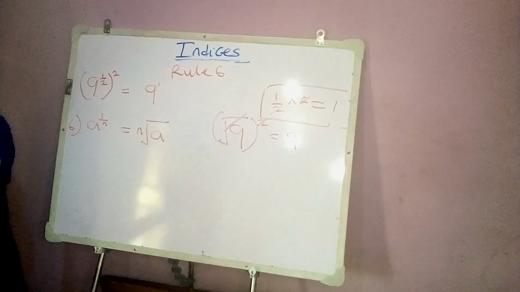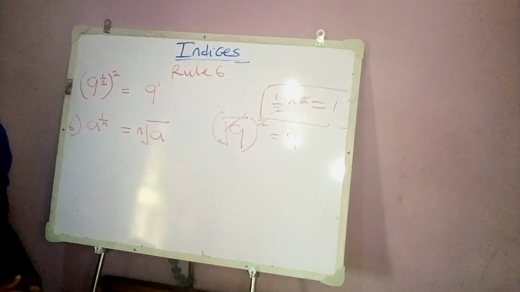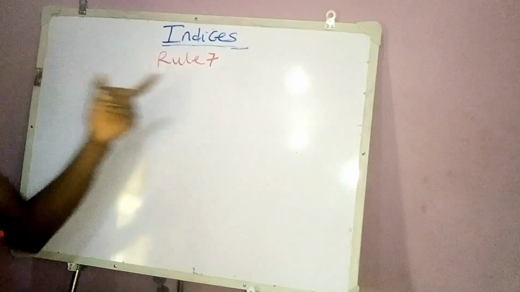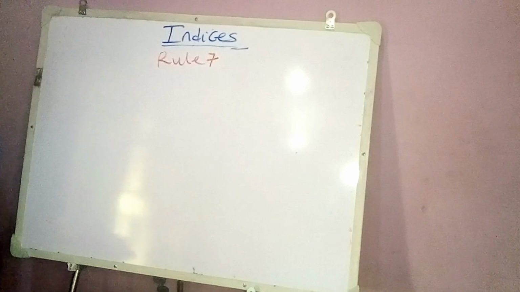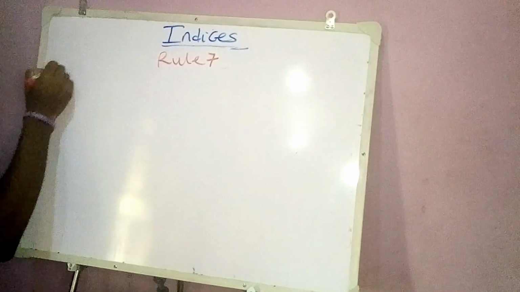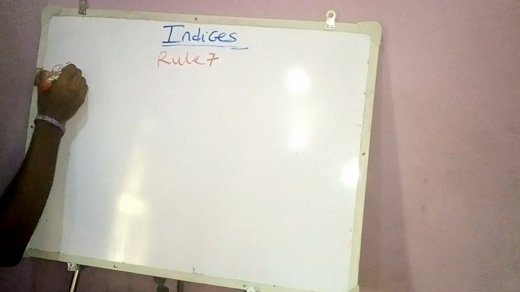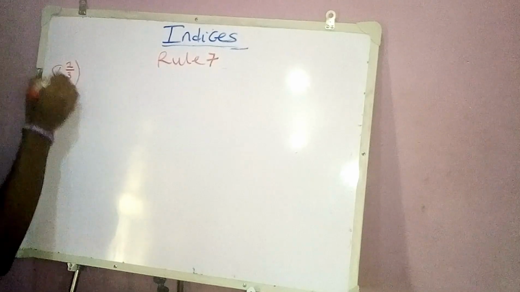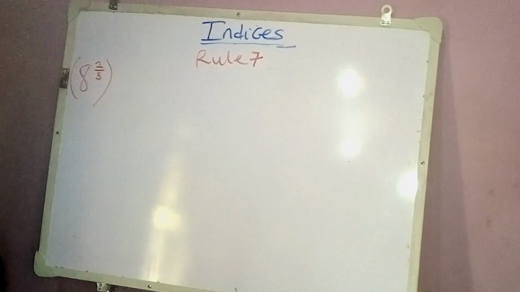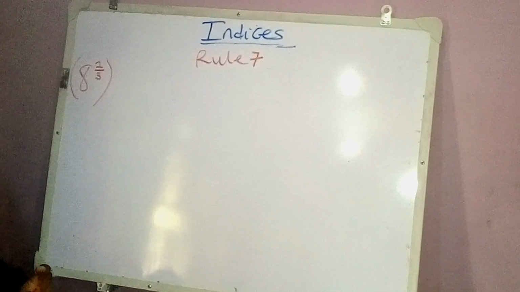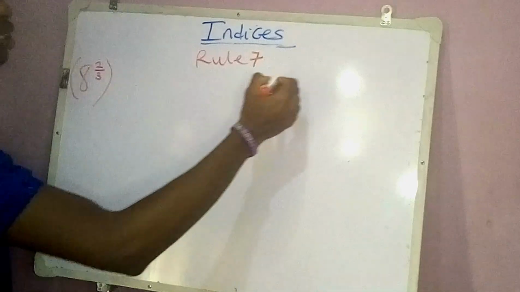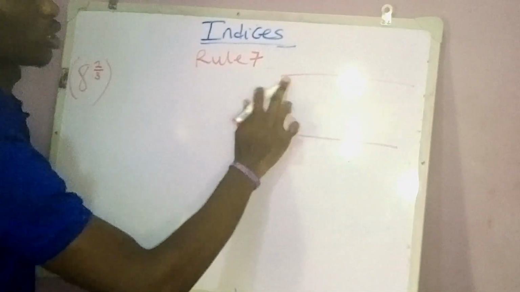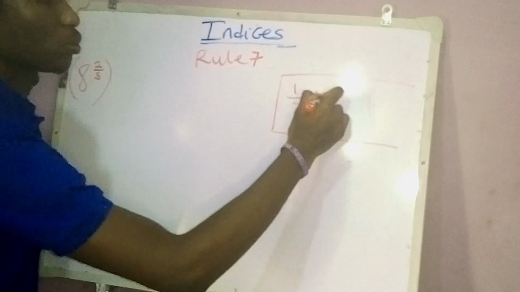So let's look at rule number 7. I'll look at examples concerning all the rules we've learned. Now that we all know rules 1 to 6, for rule number 7, let's assume we have 8 raised to the power of 2 all over 3, like this. This 2 all over 3 can be written as 1 all over 3 times 2.